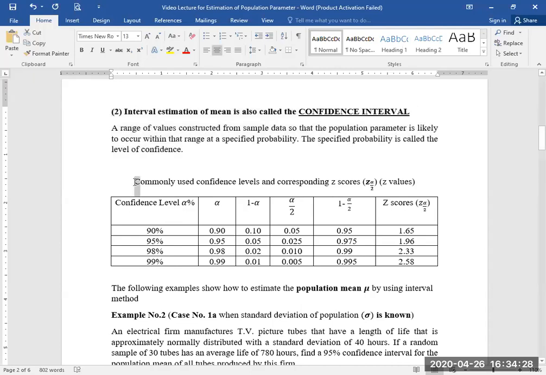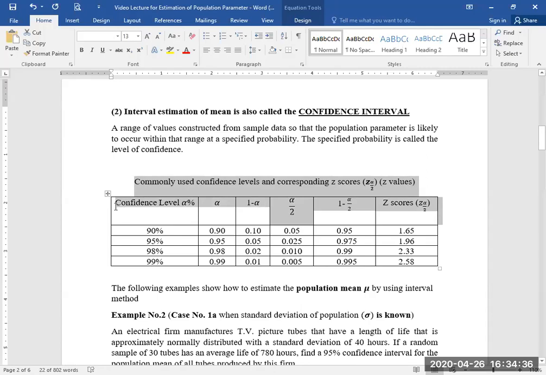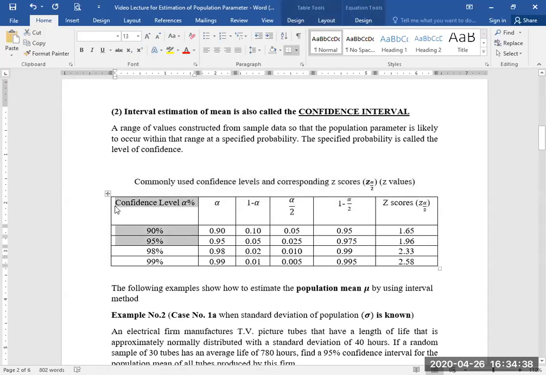Commonly used confidence levels and the corresponding Z score values are given in this table. Students, the first column shows the confidence level, which is a probability over which the confidence interval we will find. 90% means 0.90 probability, and the corresponding Z score is 1.65.